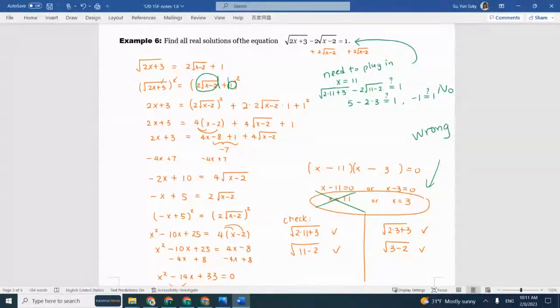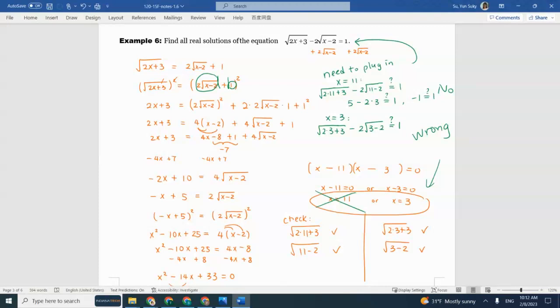Okay? So just checking in the square root, checking in the domain is not enough. We actually need to plug into the original equation and verify if the left-hand side equals the right-hand side. Okay, everybody? Check the other solution. How about x equals 3? Replace x by 3. We want to ask, is the left-hand side equal to the right-hand side?